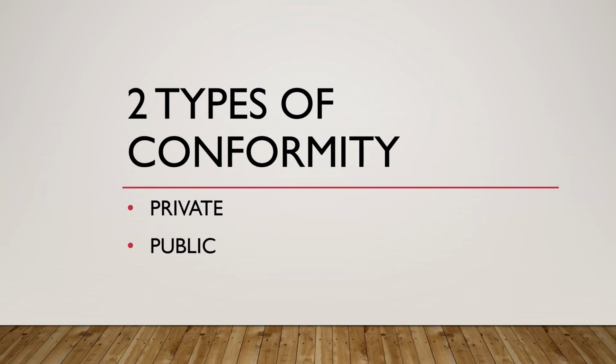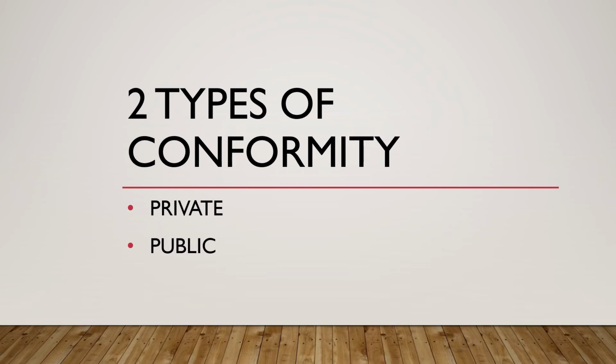And the second one is public conformity. This is in contrast to private conformity, sometimes called compliance, and it refers to a more superficial change in behavior. People often respond to normative pressures by pretending to agree even when privately they do not.